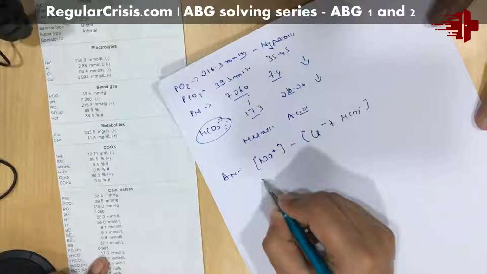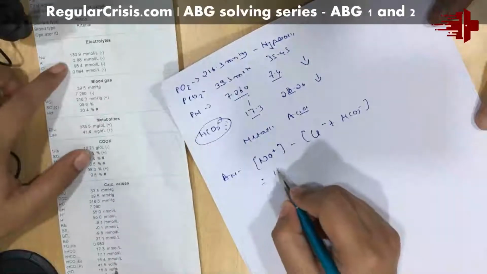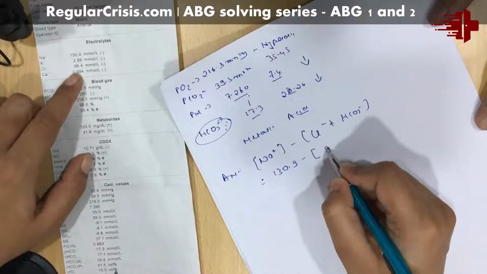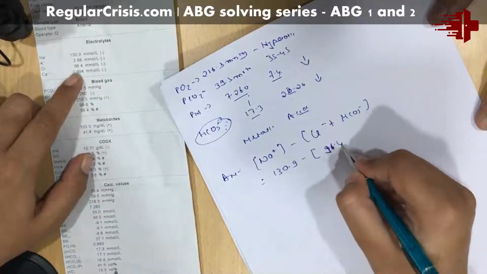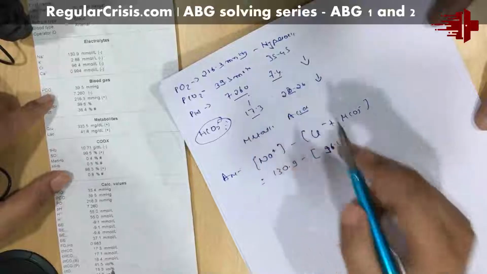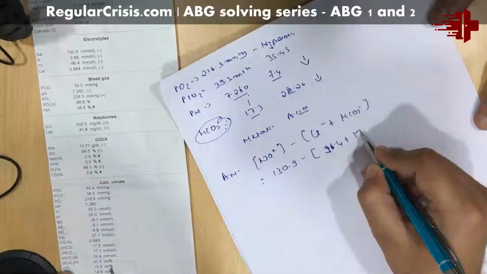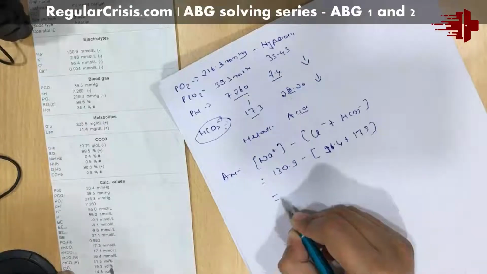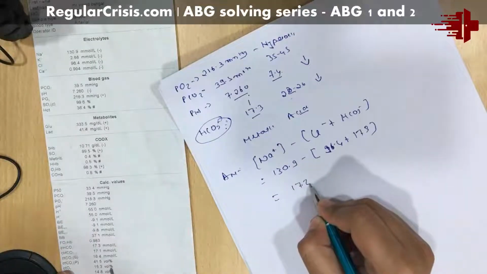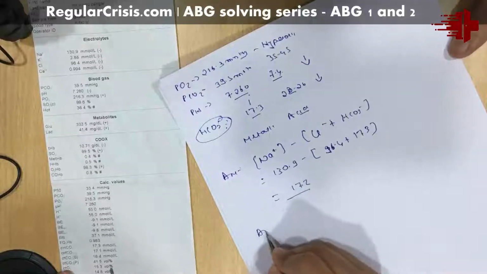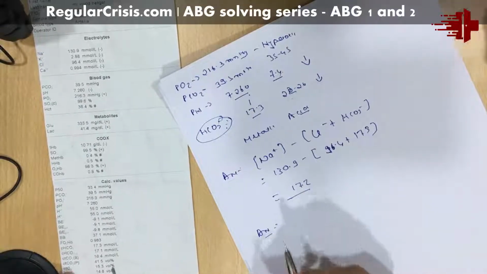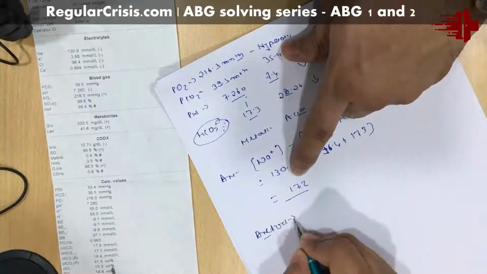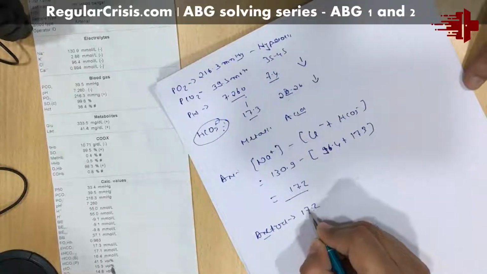The sodium level is 130.9 minus chloride level 96.4 plus bicarb level 17.3. If we calculate it, it comes out to be 17.2. This is the actual anion gap which is present in your ABG report.